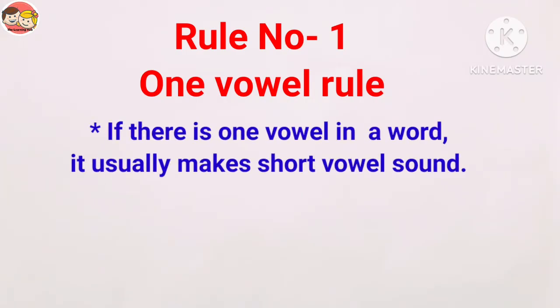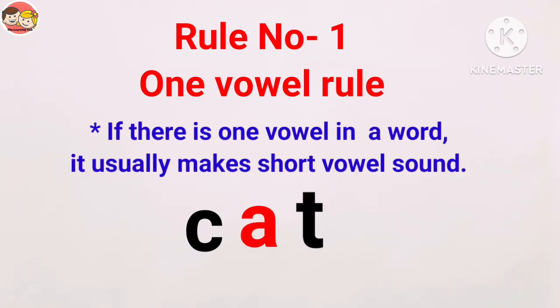It means if there is one vowel in a word, then it usually makes a short vowel sound. For example, C-A-T, cat. This is a 3-letter word or CVC word. So when there are 3 letters in a word, it normally makes the short vowel sound.